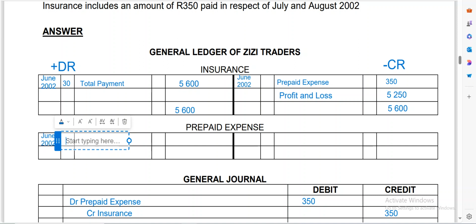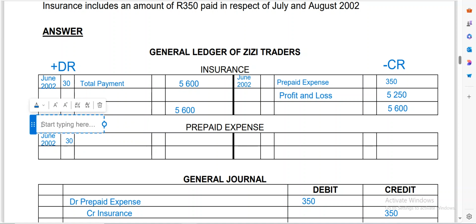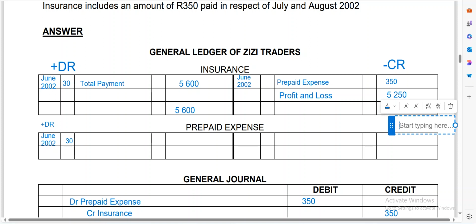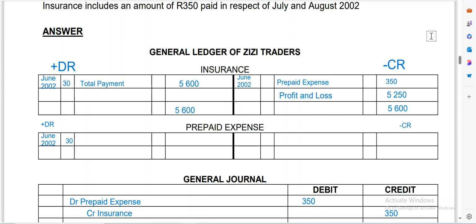Remember here the date is the 30th, and because this is a prepaid expense, we remember prepaid expense as an asset. It is being debited because it increases on the debit side because it is an asset, right? And it will decrease on the credit side, but remember there's no transaction for the decrease.